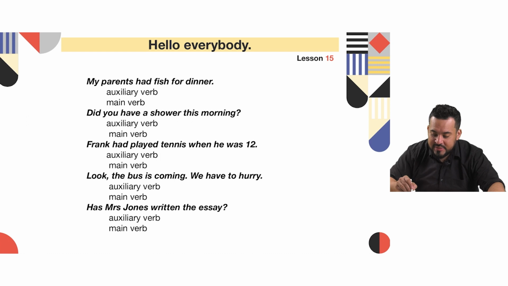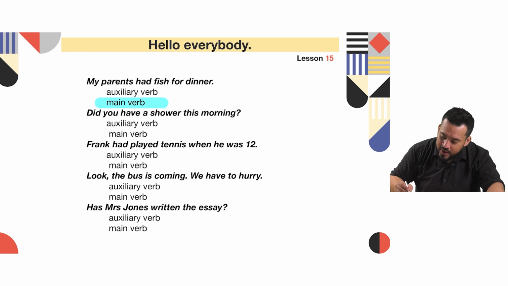All right. My parents had fish for dinner. Main verb, there are no other verbs. Did you have a shower this morning?